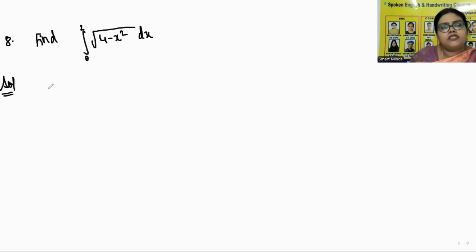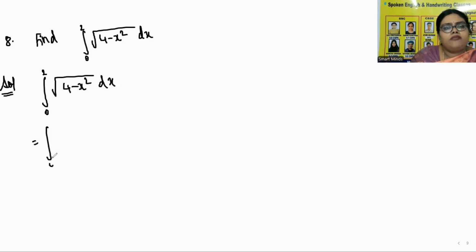Now take this question. Find integral 0 to 2 root over 4 minus x square. So first let us write the given integral 0 to 2 root over 4 minus x square dx. Now see, 4 can be written as 2 square, so 2 square minus x square dx.